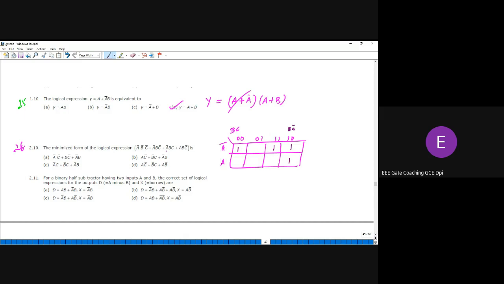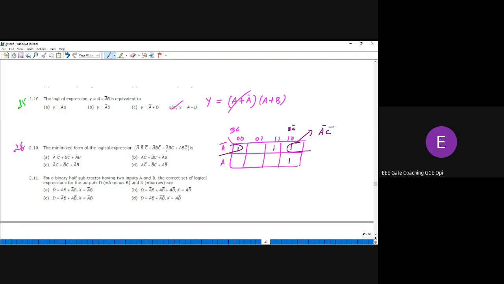Okay, so if I minimize this one, we get this one. If I group this one, I'll get A bar, C bar, right?